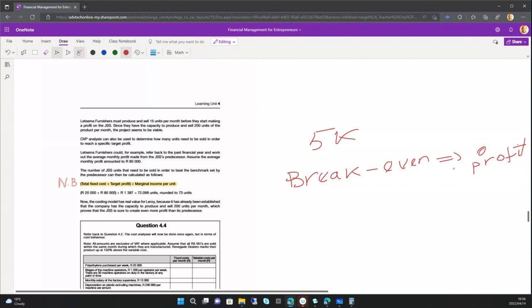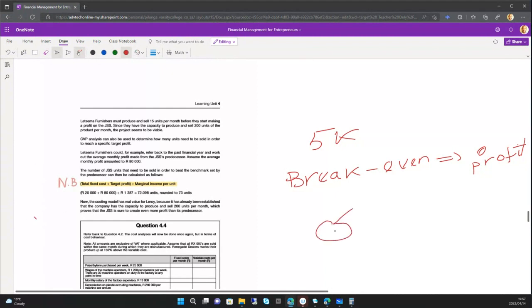It means that we have covered all our costs, because before producing anything, we need to make some costs. We need to spend some money to get money. But even when we spend the money, we have produced the product and we are selling it and we are getting money in.